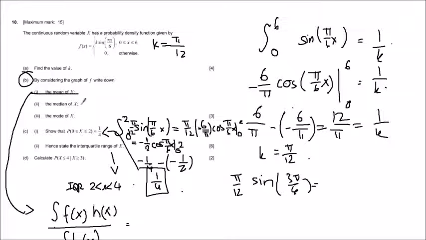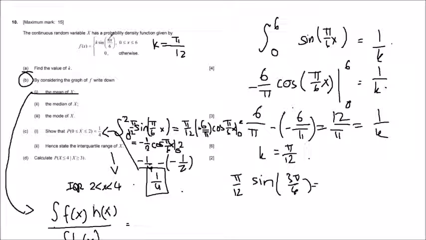Skip. The median of x. The median of x is the answer where, with limits from 0 to a, the integral of this from 0 to a has to equal 1/2. So you put this as 1/2, which will get you the answer of 1.